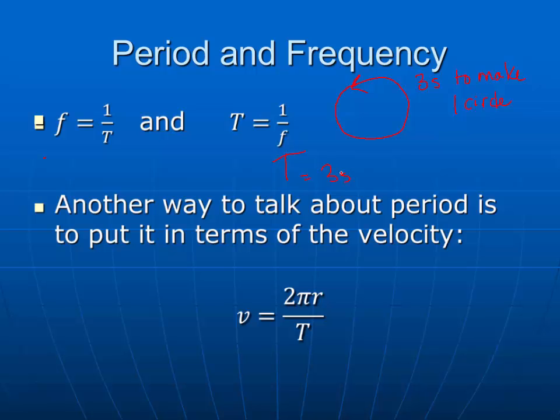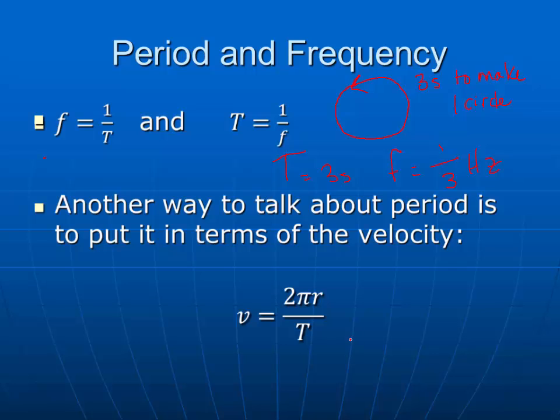That's how long it takes me to go around one time. But my frequency, how many times around am I going per second? Well, if it takes me 3 seconds to get around once, then after 1 second, I've only gone a third of the way around. So my frequency is 1/3 hertz.